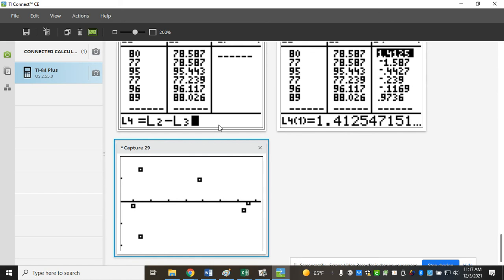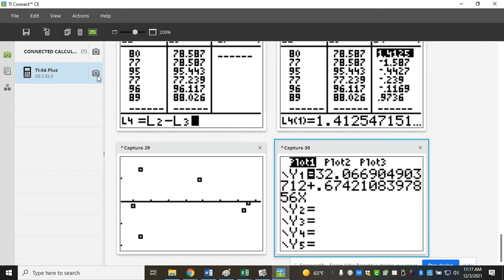You turn off the line. You just click on the line. Mine's still showing. So right now, those of you who have a Y equals that's being an issue, do you see where I am in my Y equals? Do you see where the equal sign is highlighted?